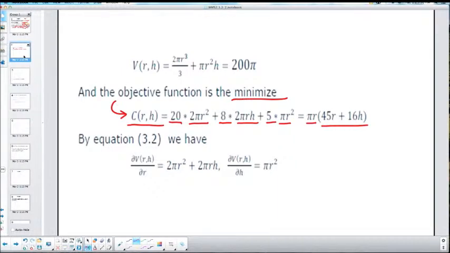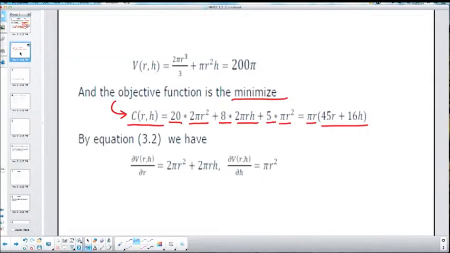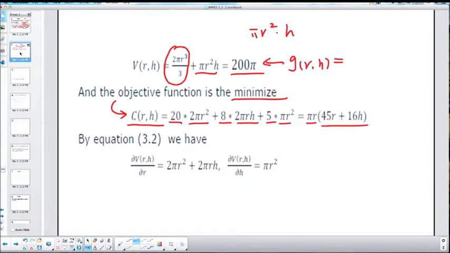And the volume equals the volume of the cylinder plus the hemisphere volume, which is half of the volume of the ball, so pi r squared times h, the height. This is the total volume, which needs to be 200 pi. So you got the objective function and the constraint equals this.